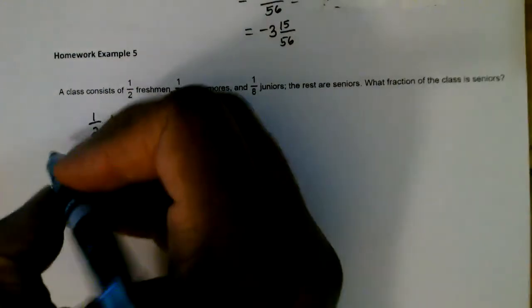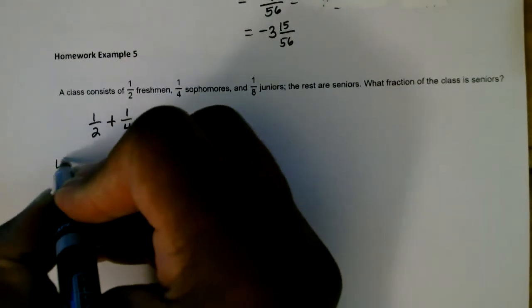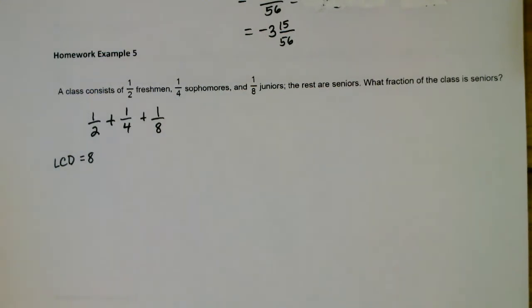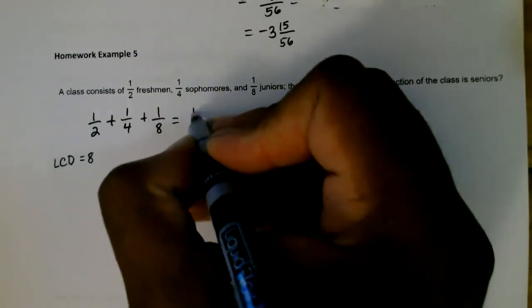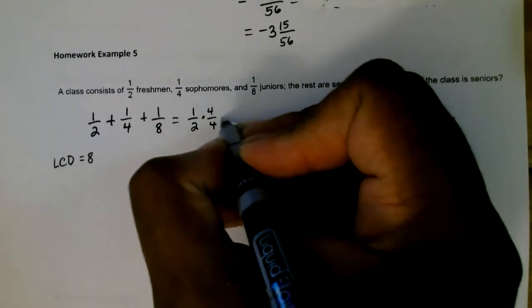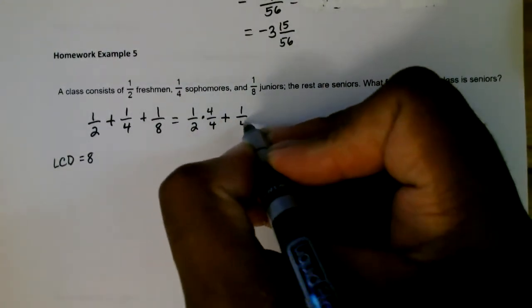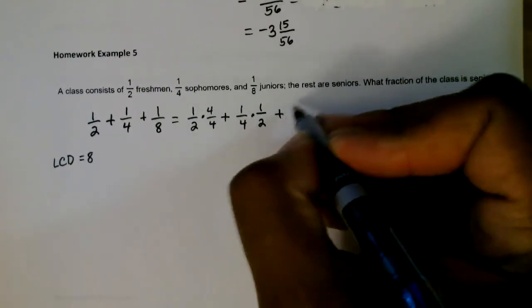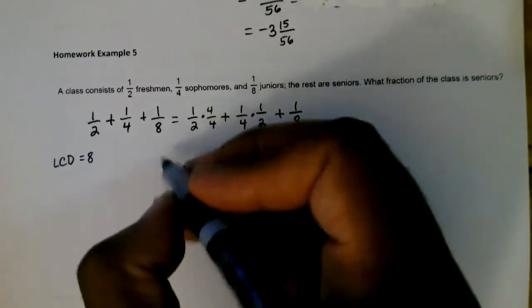Well, the LCD of 2, 4, and 8. Let's use 8. And write equivalent fractions for those. For 1/2, I need to multiply the numerator and the denominator by 4. For 1/4, I need to multiply the numerator and the denominator by 2. And I've already got the 8 as the LCD.